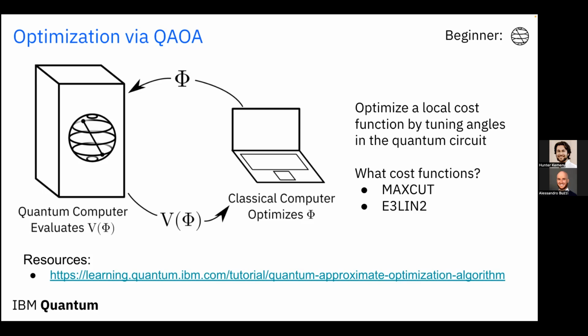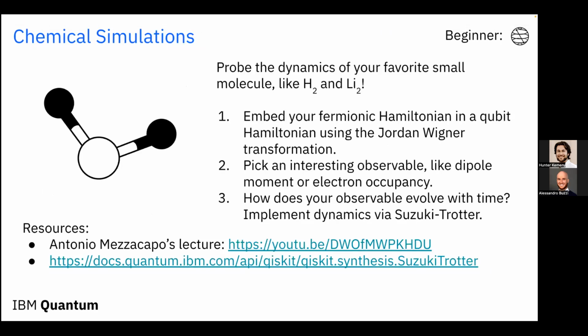Another very common thing that's done in near-term quantum algorithms is to simulate the physics of small chemicals or small molecules. This is something you can even do on very few qubits: embed the Hamiltonian of some small molecule using Hamiltonian to qubit mappings.